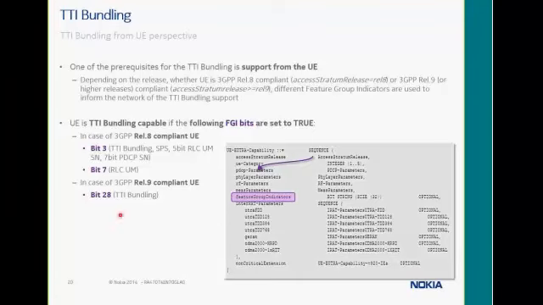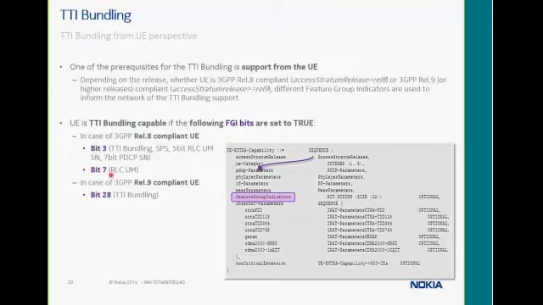And so this is what we have to have. In the feature group indicator, and this is in the message that we saw earlier called the capabilities negotiation, we have to have these 3 bits set in the feature group indicator saying it can do TTI bundling, it can support in the RLC a 5-bit sequence number, unacknowledged mode.